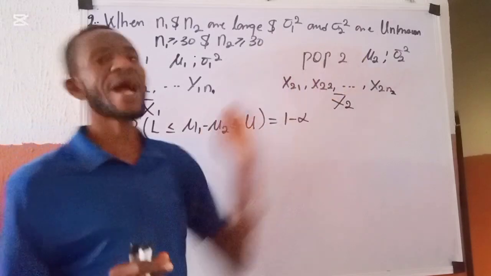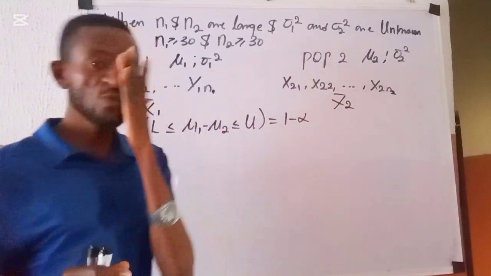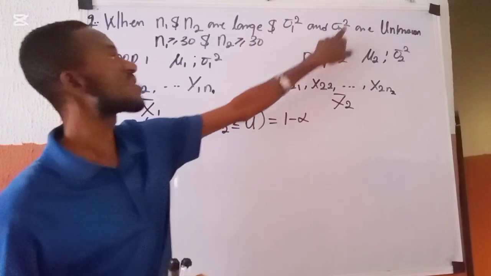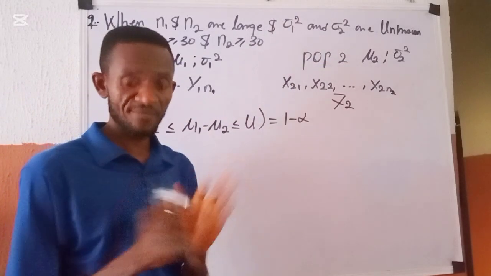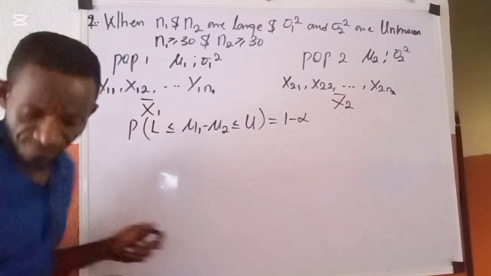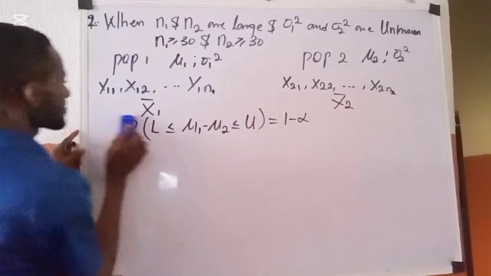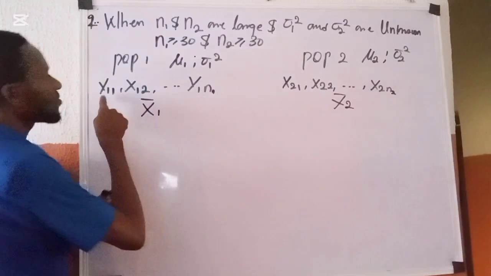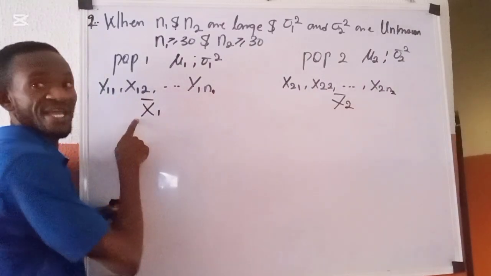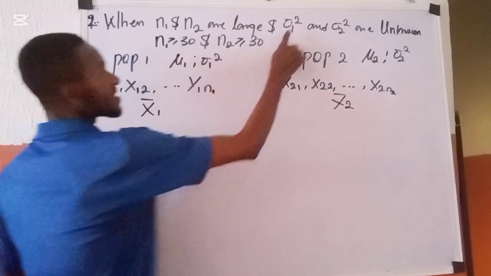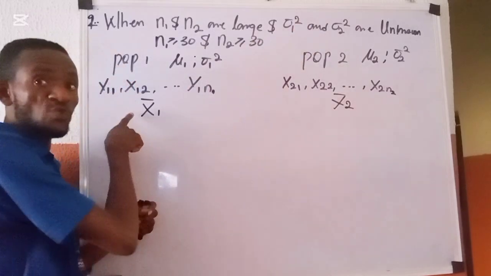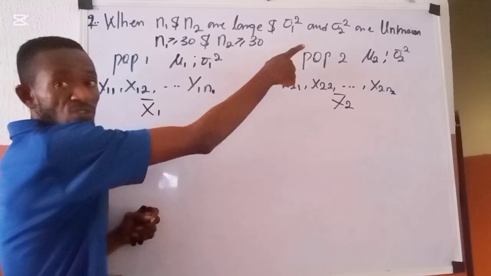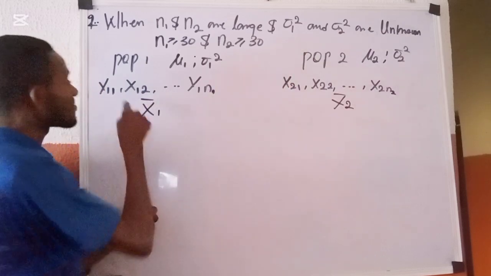When this kind of thing happens, what we are going to do is this. We no longer know sigma 1 squared, we no longer know sigma 2 squared. The only thing you estimated from this sample before was the x bar 1. You did not estimate sigma 1 squared because you knew it or it was given to you. But this time around, it is not known, so you are going to estimate it from this sample.